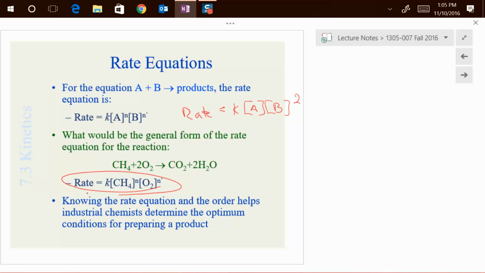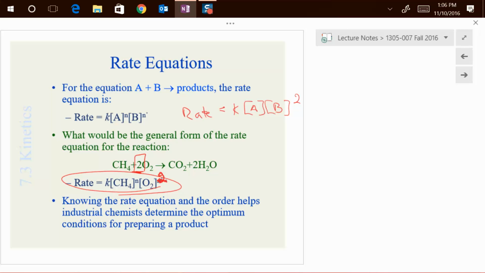Okay? Now, what some people are going to be tempted to do is see this number 2 right there, and say that this is second order because that's a 2. And the reason you're going to be tempted to do that is because in equilibrium, that's what we would do. And we're going to see that in just the next section. But with rate, you don't.